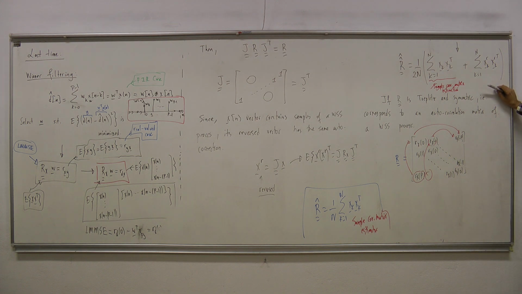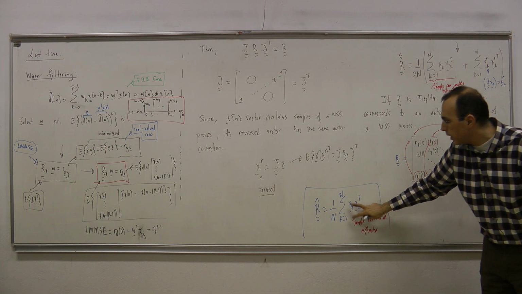But what we see is that if x is a wide-sense stationary process, its flipped up-down version or its time reverse version has the same autocorrelation. Now if you flip your vectors, these are nothing but the kth vector, just the flipped version. So this is the reverse or flipped version of x.